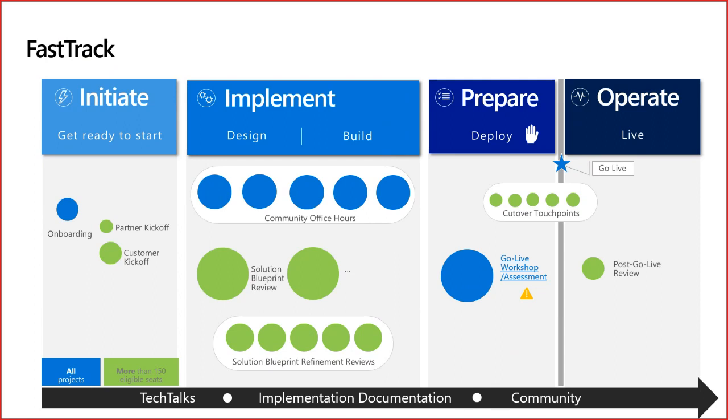For example, about the Go Live assessment in the Prepare for Go Live phase, you can see it here. As mentioned, you need to take this step in order to have the production environment deployed to you. We also mentioned that on top of all these, there are resources. We monthly deliver technical talks. You have documentation, the doc site, and you also have the community.